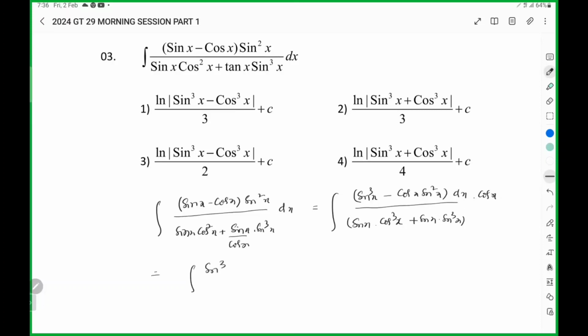So sin cube x cos x minus cos square x sin square x by, so here if you take sin x common, cos cube x plus sin cube x.